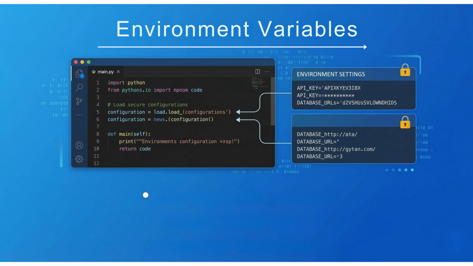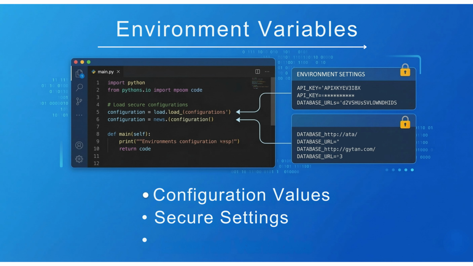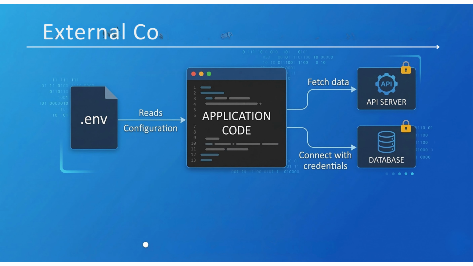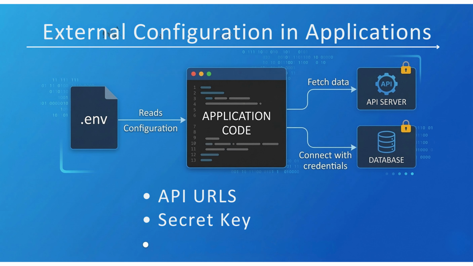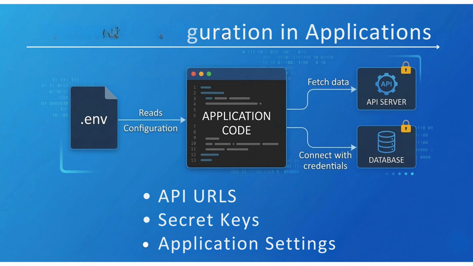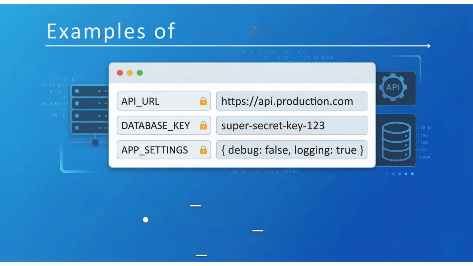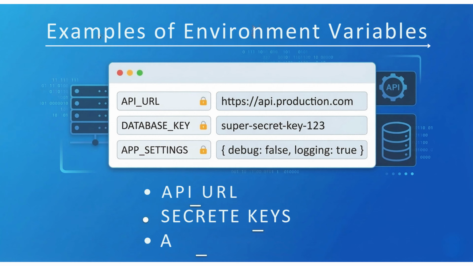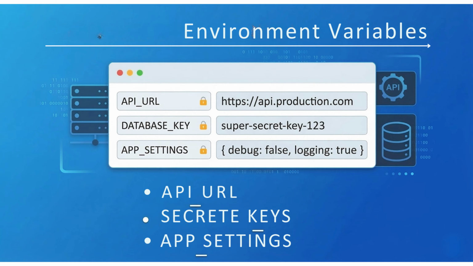Environment variables. Now let's talk about environment variables. Environment variables allow developers to store configuration values outside the source code. Examples include API URLs, secret keys, or application settings.